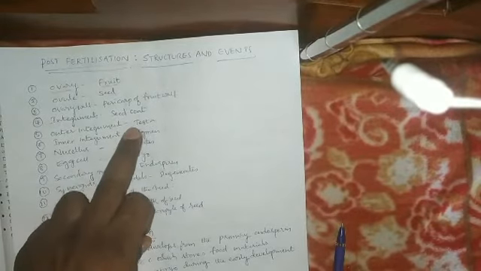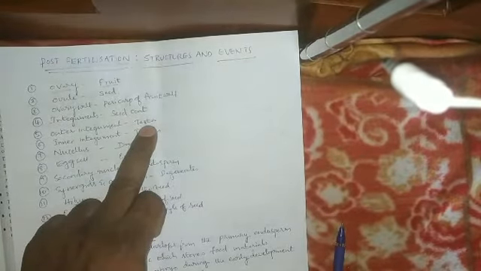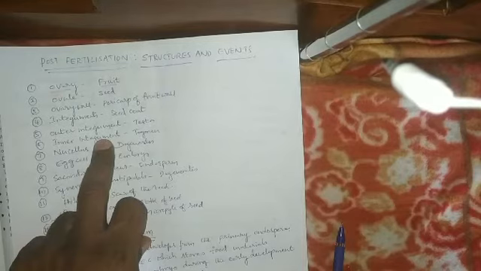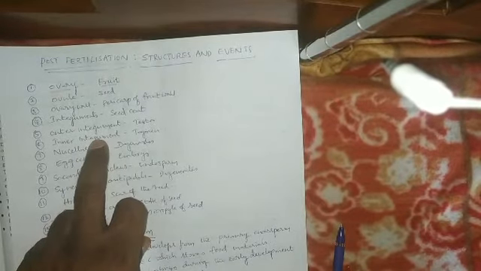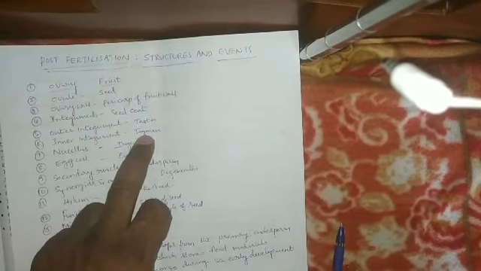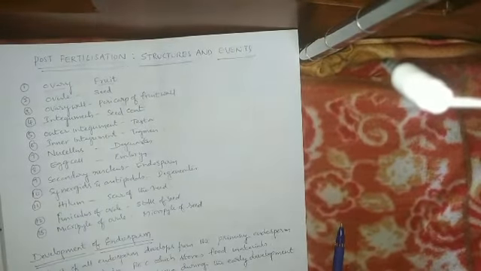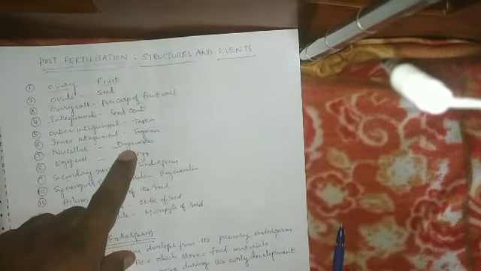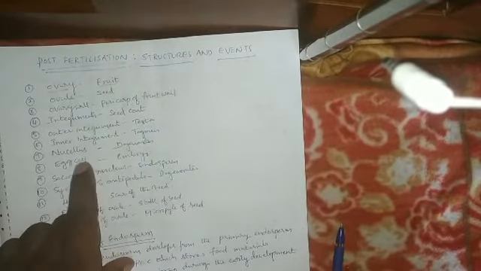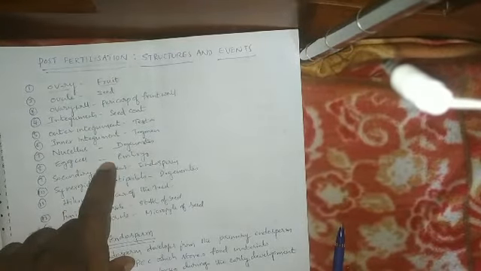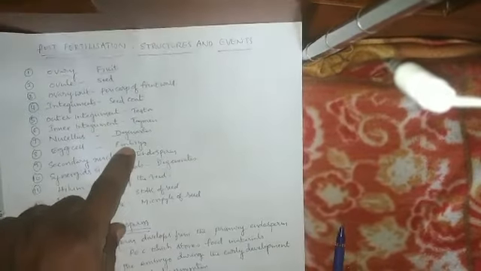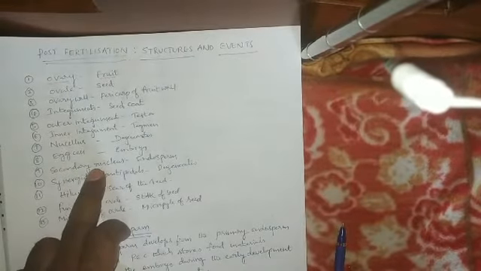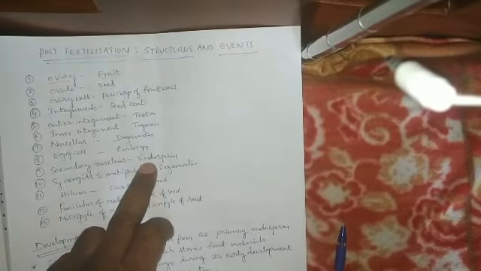The outer integument, the outer coat of the seed, is modified as the testa. The inner integument, the inner coat of the seed, is the tegmen. The nucellus of the ovule finally degenerates. The egg cell is modified as the embryo. The secondary nucleus is modified as the endosperm.